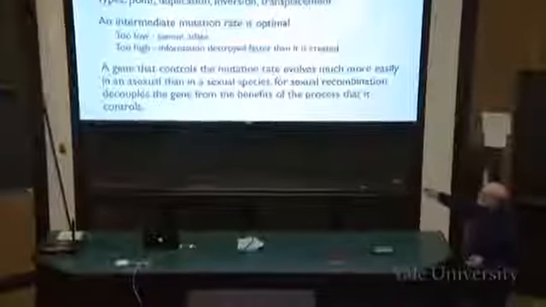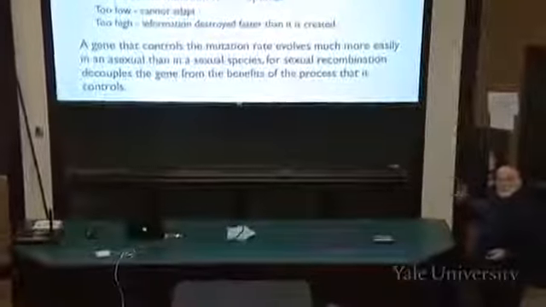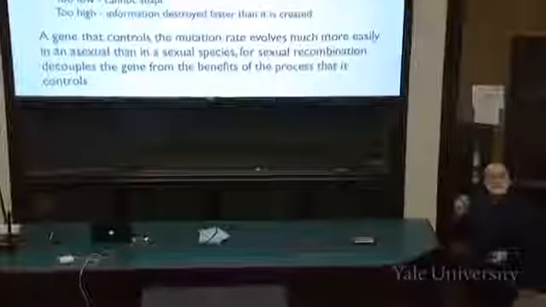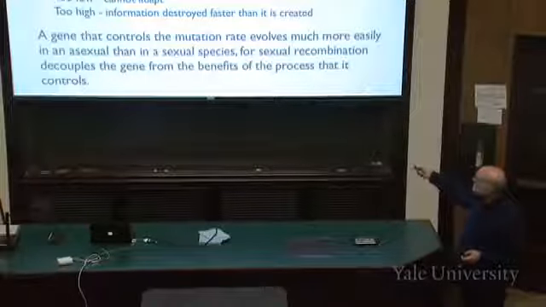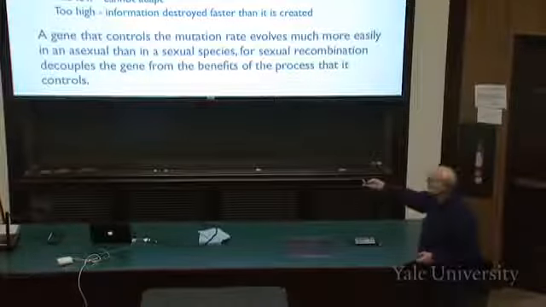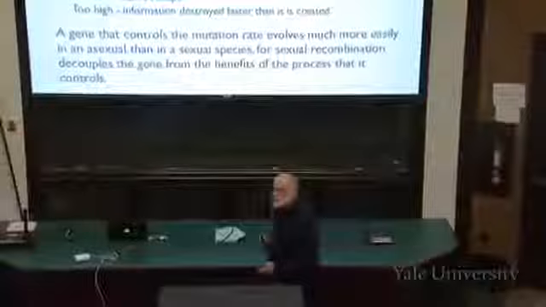Now, a gene that controls the mutation rate will evolve much more easily in an asexual organism than in a sexual species, because sexual recombination uncouples the gene from the benefits of the process. Let me illustrate that. Suppose that I am engaged in a process that Greg wants to control, okay?